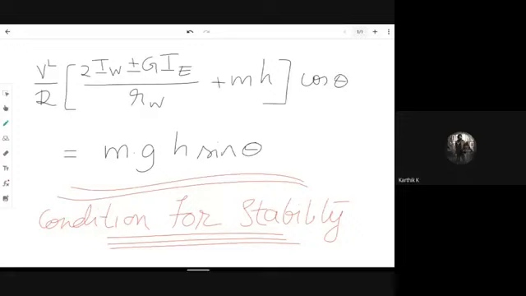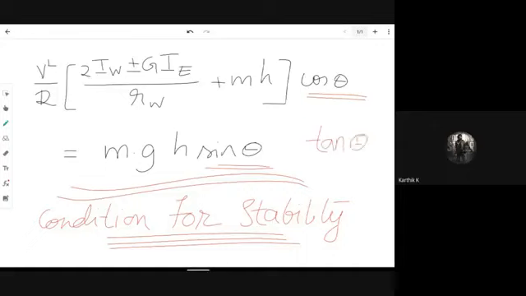So in this equation you can see that here there is cos theta and here there is sin theta. So if you divide one side by the other or bring the theta terms to the left hand side or right hand side, you can obtain tan theta.